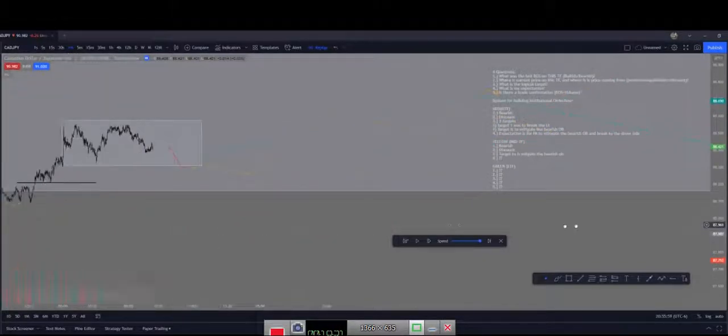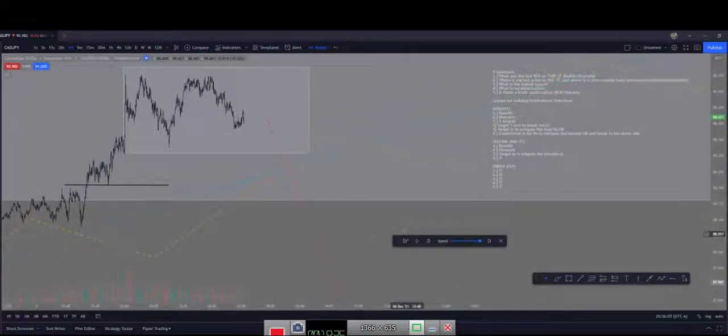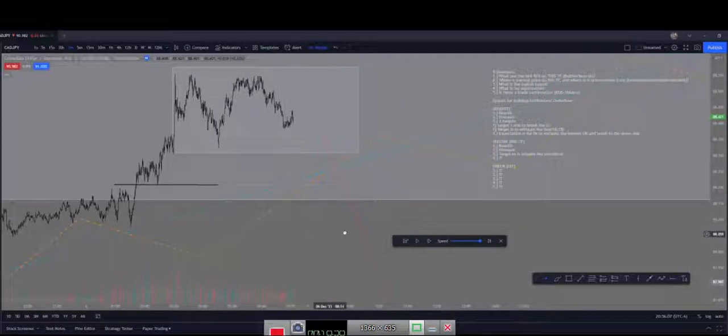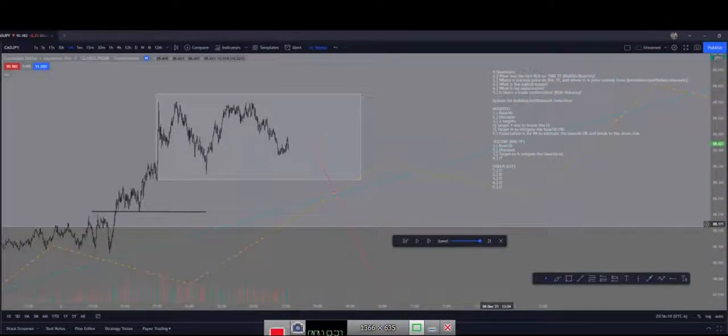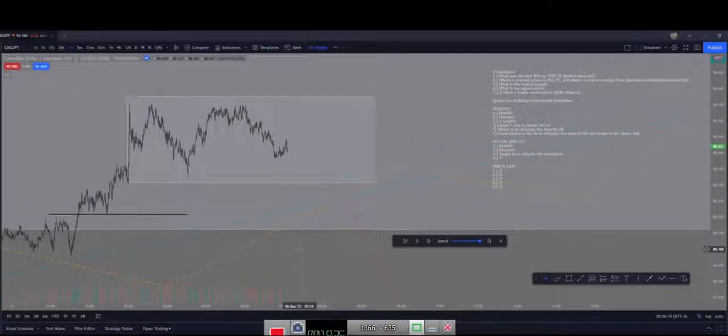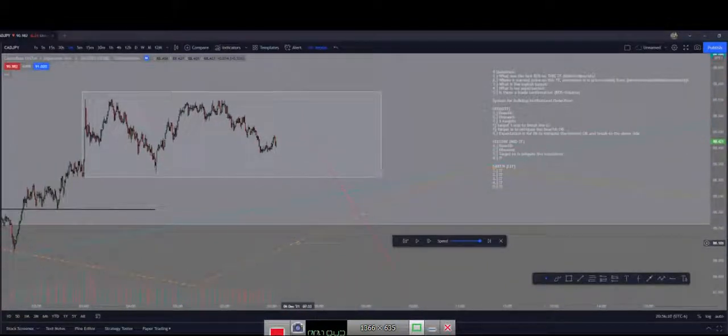Okay, so let's see what it does. Trading? Man, I've been doing it for like 8 years. I've been around. Oh yeah? No, sir, I do not. I've been just studying the smart money concepts.